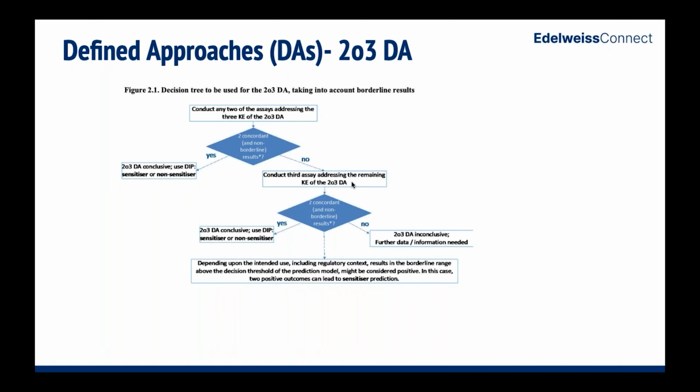However, if there is a non-concordant result, then the third assay needs to be done, and it needs to be checked whether it has the same result or a different result. Here I would like to point out that the applicability domain needs to be checked for the hazard assessment. With this defined approach, only hazard assessment could be done, and potency classification could not be done.